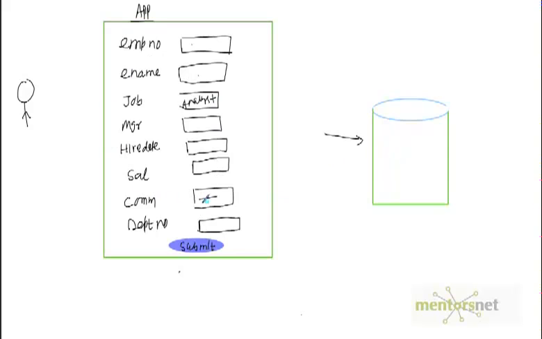We can put some logic that if the job description is analyst, then commission should be null or 0.